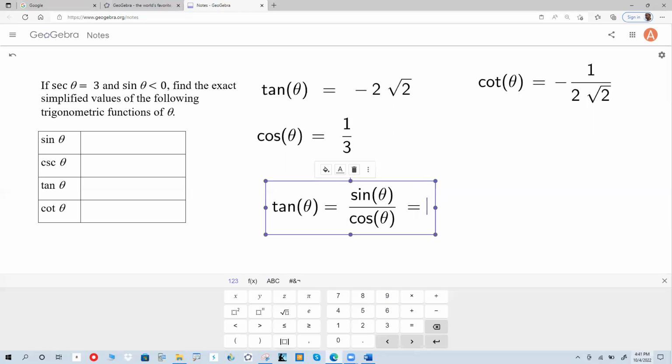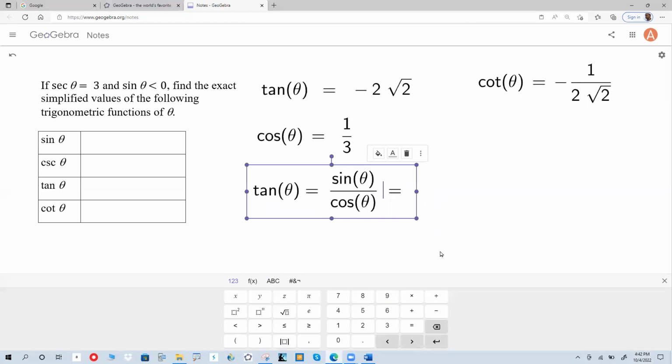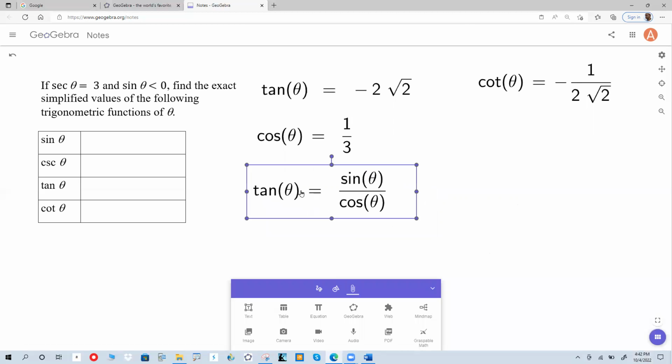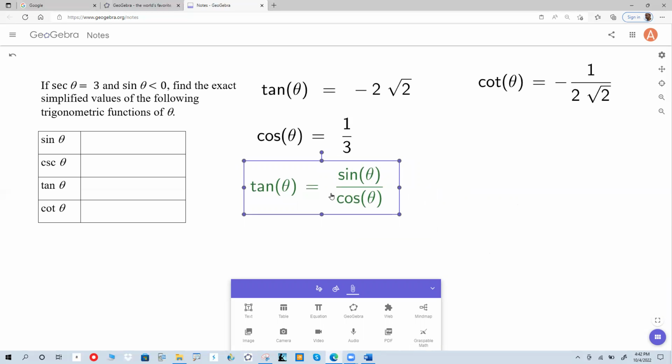Now, sine theta is what I'm looking for. I know everything else. So I'm going to rewrite this. Let me change the color of this to green. This green equation is what I'm working on.